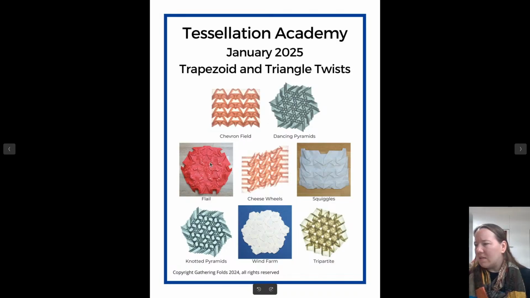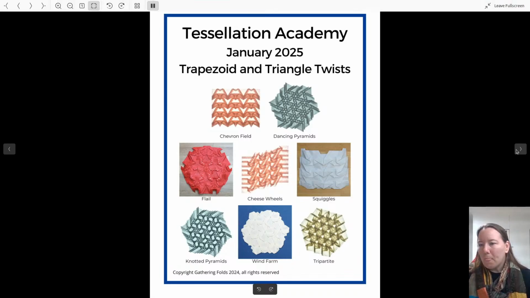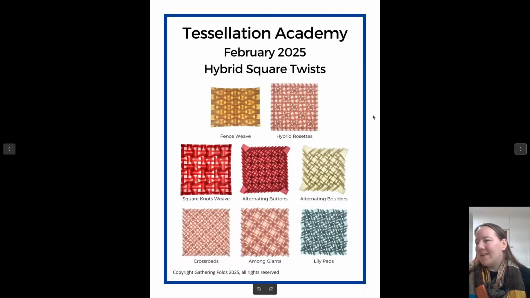There's a simpler way to do trapezoids and triangles in hexagons, and then there's some more complex ways as well. And then every once in a while I throw in a square grid topic. So we've got these hybrid square twists, using them in these various symmetry extensions in the square tiling.